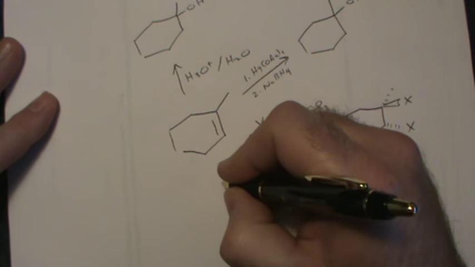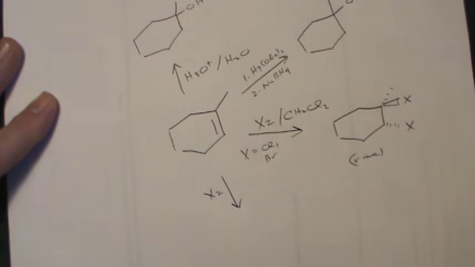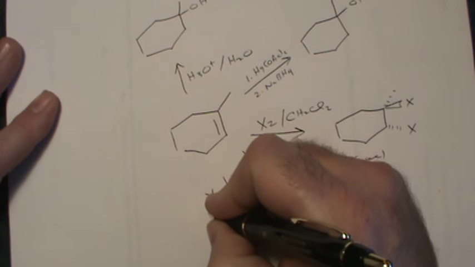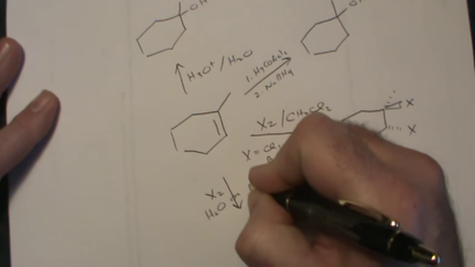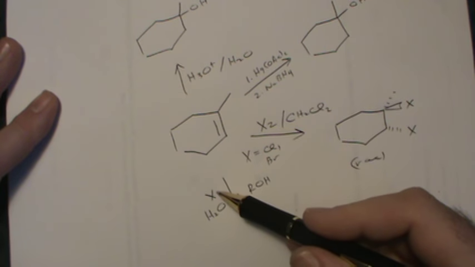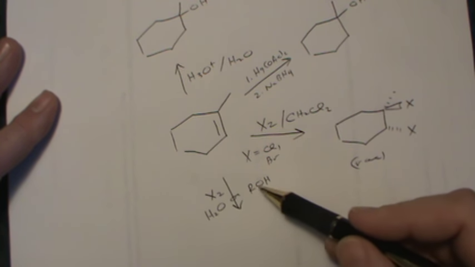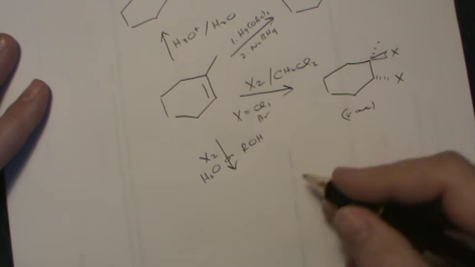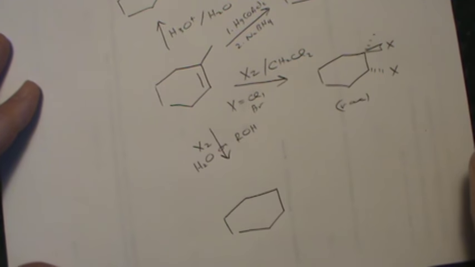Well, if we run more or less the same procedure, but this time we use X2 in the presence of either water or alcohol, then we'll produce either the halohydrin, if we do it in water, or the haloether, if we do it in alcohol. And we can show both of these reactions together.